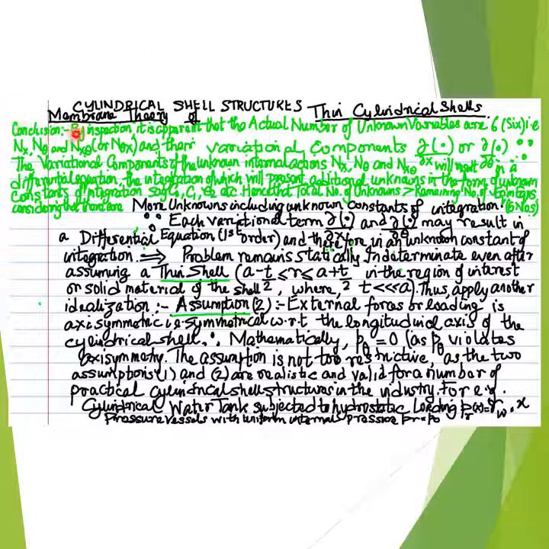Recall that the application of the thin shell assumption, that is both realistic and valid for cylindrical shells that qualify the necessary and sufficient mathematical condition for a thin cylindrical shell, that is, the thickness of the thin cylindrical shell is much less than the one and only radius of curvature A of the cylindrical shell.